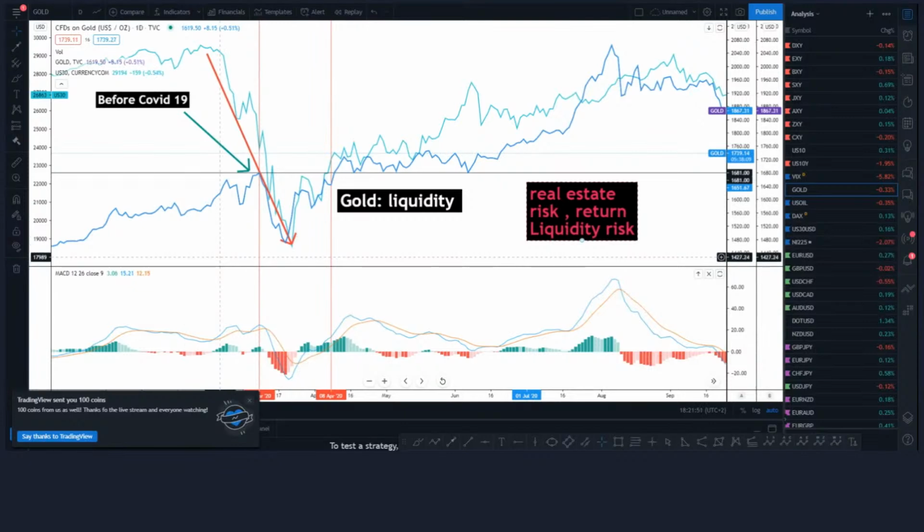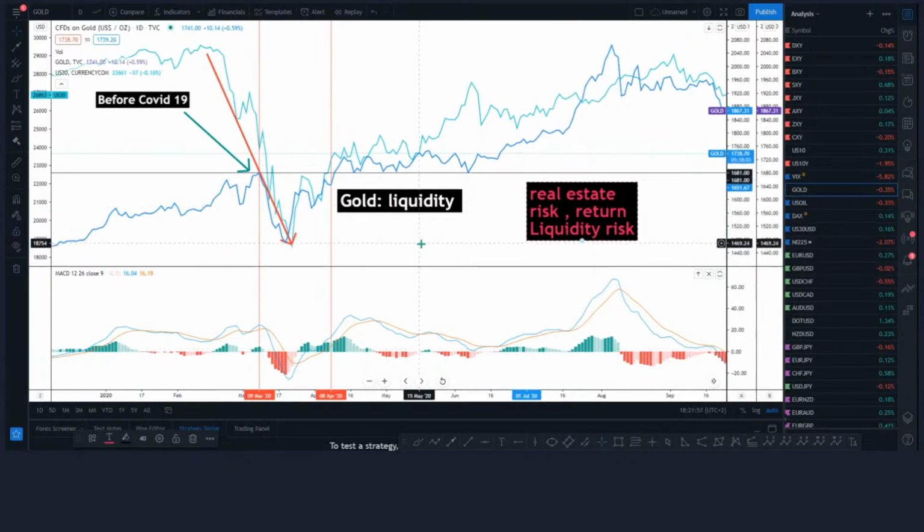How fast you get your money, that's called liquidity. So if you can sell it so fast, you can liquidify it so fast, then it does not have liquidity risk. In real estate, you may have something really good, but you can't sell it, so you have to sell it at a very bad price. At that time, that's called liquidity risk.